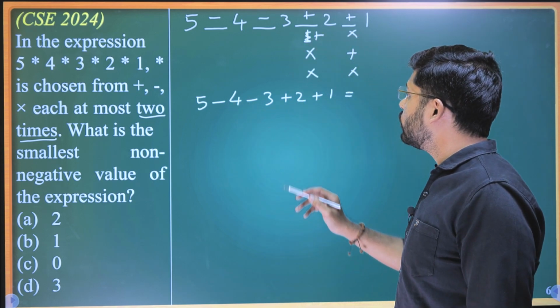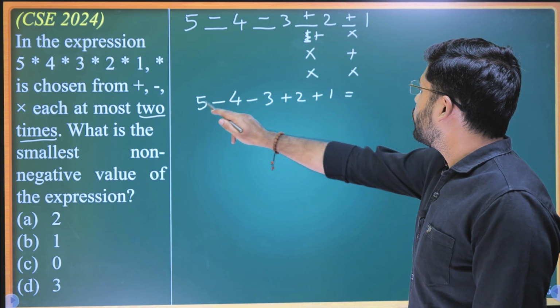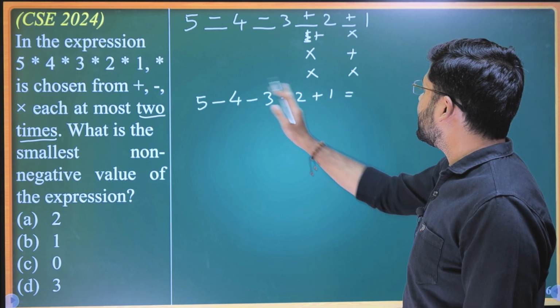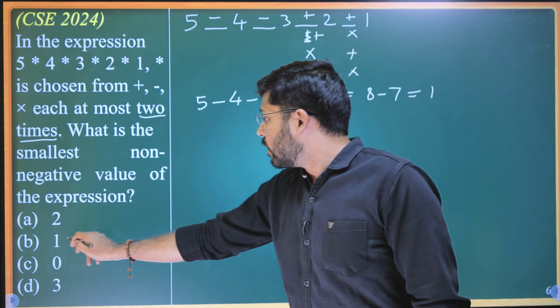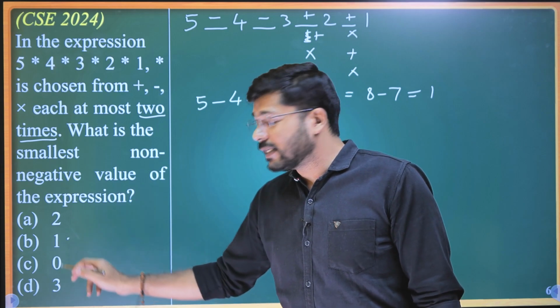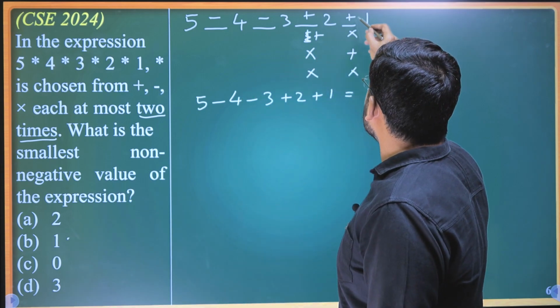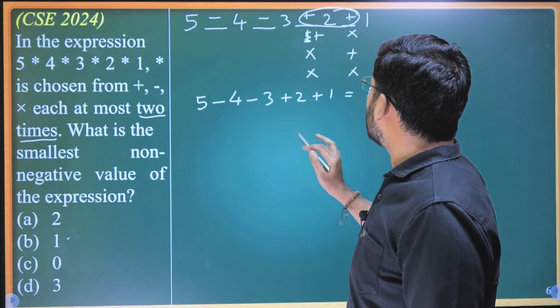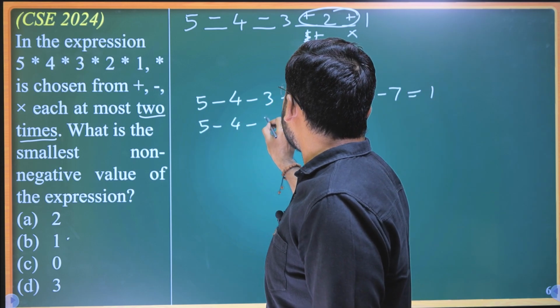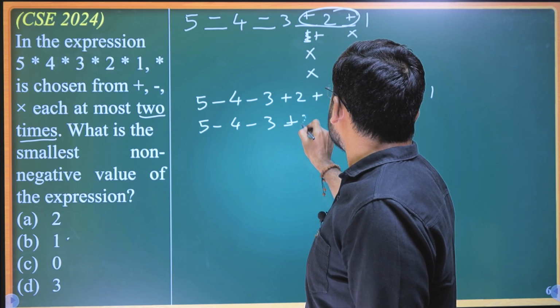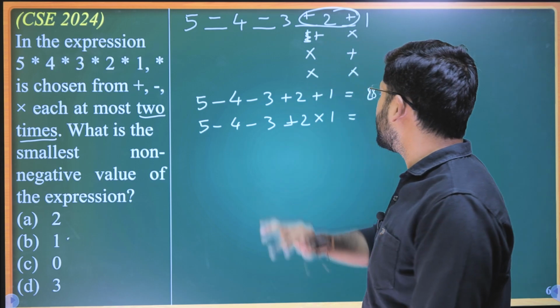That will give us the value of 5 plus 2 plus 1, that would be 8, and 8 minus 7, that would be 1. So is 1 our answer? No, we need to see if we can get a 0. So using this one, we get the value of 1. We will try this combination: 5 minus 4 minus 3 plus 2 into 1. So what do we get here?